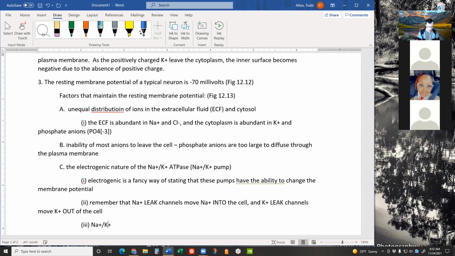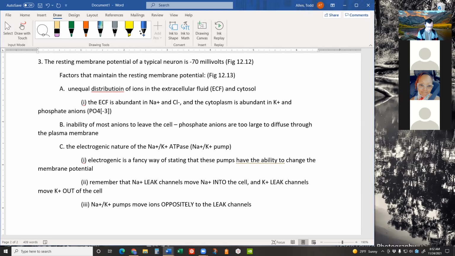Sodium ion pumps move ions oppositely to the leak channels. So that means that sodium ion pumps pump sodium out of the cell, and they pump potassium into the cell.